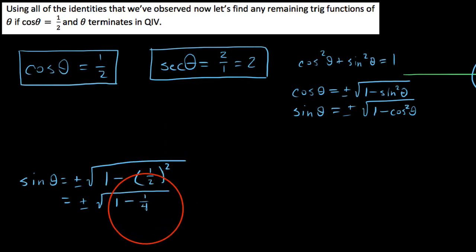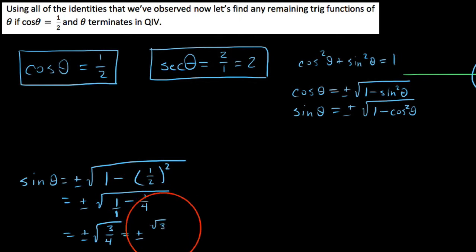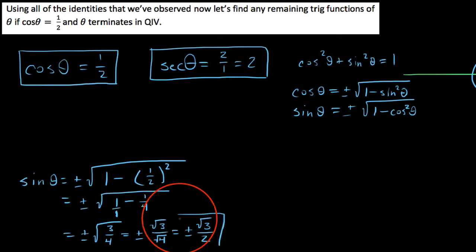Finding a common denominator between 1 whole and 1/4 would be 4/4 minus 1/4. So we get plus or minus radical 3 over 4. We'll split this up into plus or minus radical 3 over radical 4, and we know radical 4 is 2, so we get plus or minus radical 3 over 2. And if you study trig, this is a number you probably know very well.